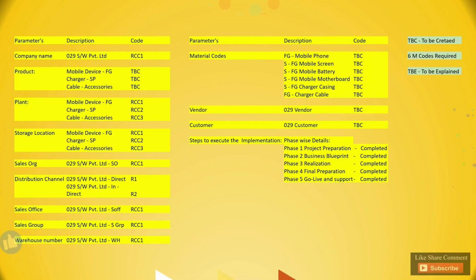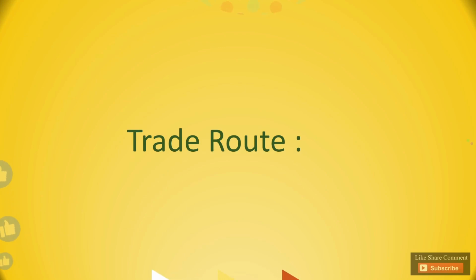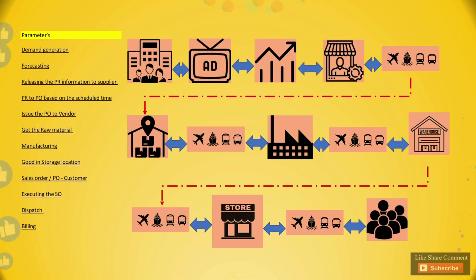With that, if I'll move to the next slide. So next is the trade route. Now what is trade route? Let me explain with the help of this slide. If you see the left corner of the slide, so generally it starts with the demand generation, then forecasting, then there will be a need for the purchase requisition, then purchase requisition to purchase order.